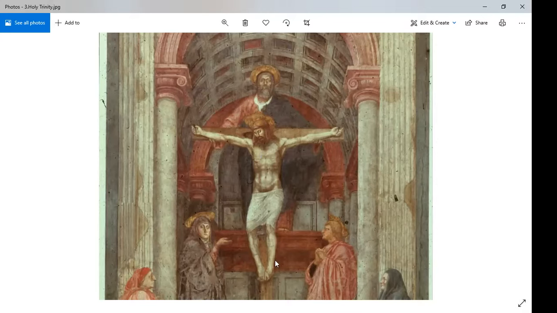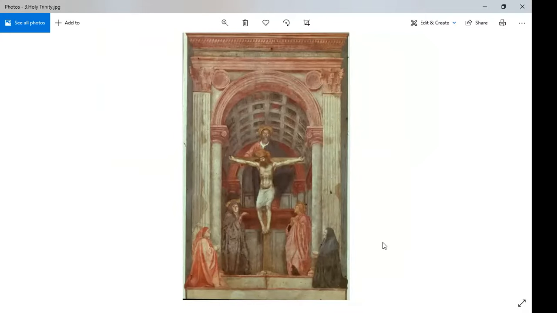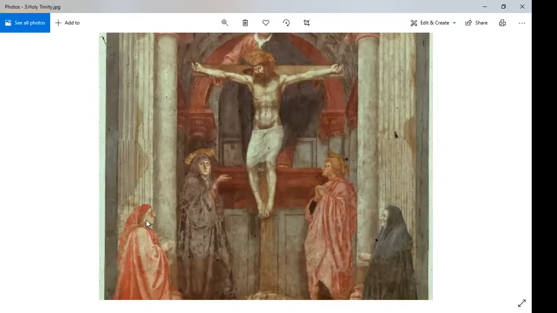Who are these people? Well, we don't know and we don't care, but someone's done the research. These are the donors who gave the money to the church to pay the artist. So they got their schnozzes in, basically, look at them, in the painting because they're rich and they wanted to be in the painting. So, hey, he who has the gold makes the rules, right?